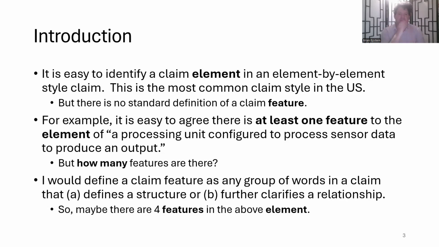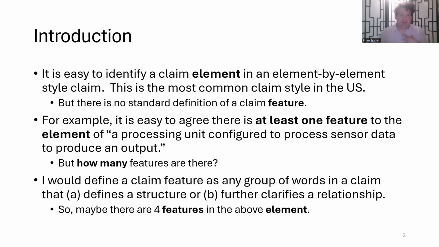For example, it is easy to agree there is at least one feature to the element of a processing unit configured to process sensor data to produce an output. But how many features are there? Well, it depends on our definition.